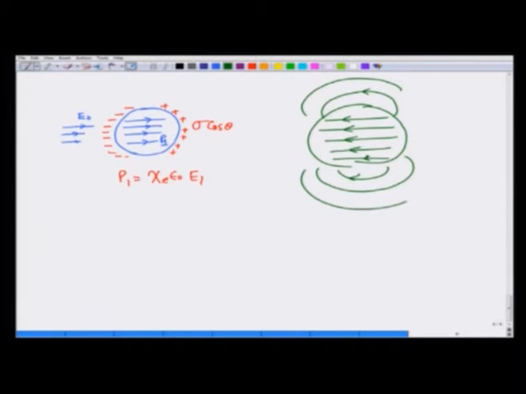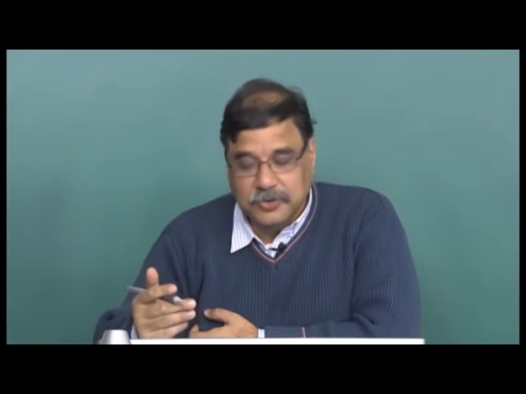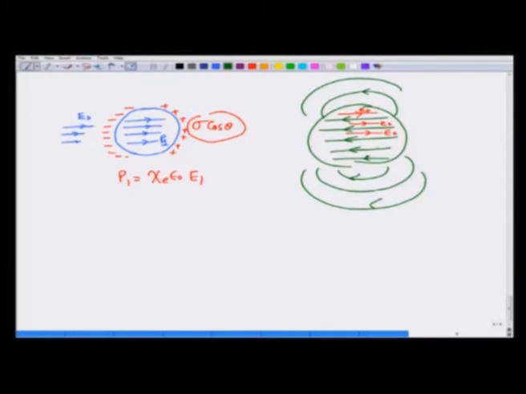I am right now not so worried about the outside field as the field inside, and inside remember the applied field is E 0. So, you see that because of this green field which has been given rise to by the sigma cosine theta, the field inside will reduce a bit. In metals or conductors it becomes 0, but here it reduces. What is E? Say E 1.